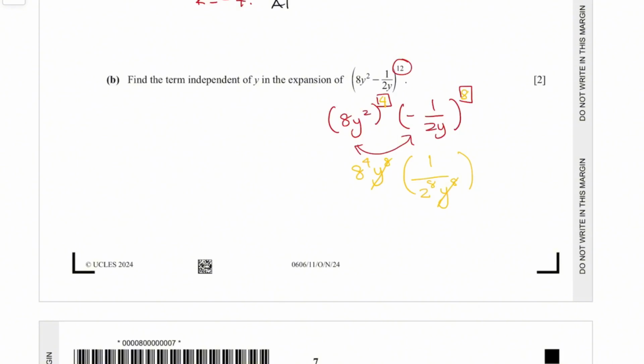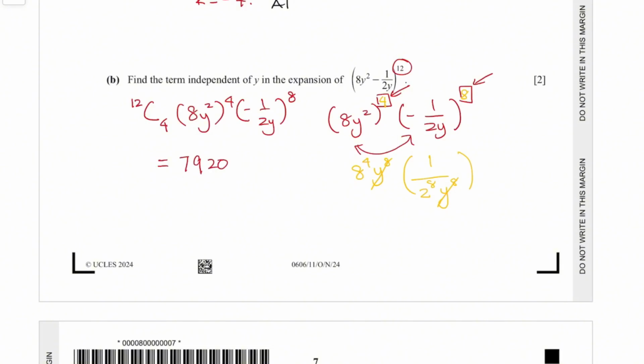Now your task is to think about what would be the constant, what would be the coefficient. Since you have found that this is going to be 4 and 8, you can have this 12c4, okay, and then having 8y squared to the power of 4, and then negative 1 over 2y to the power of 8. Okay, remember that 12c4 or 12c8, they are just the same. And then when you compute this, you should be getting 7,920.